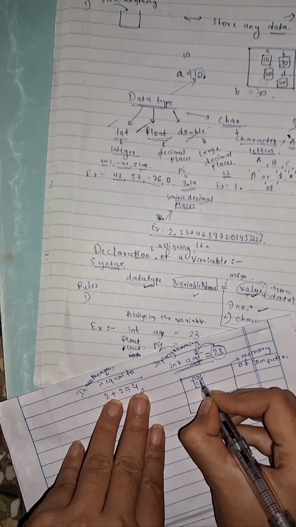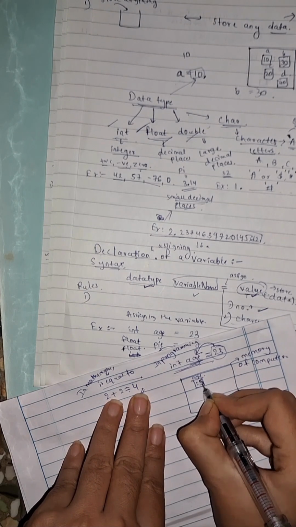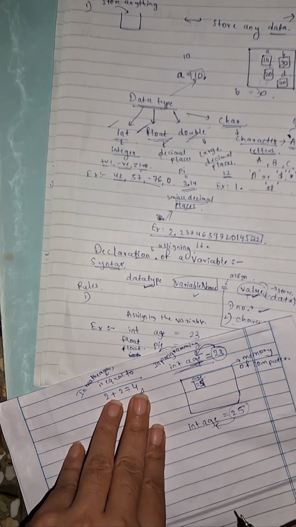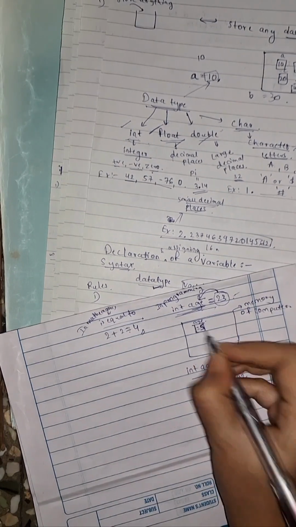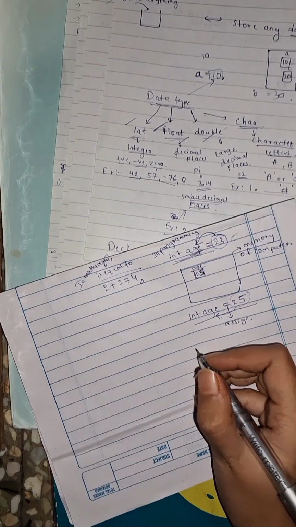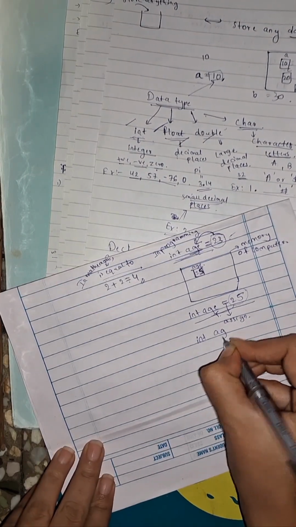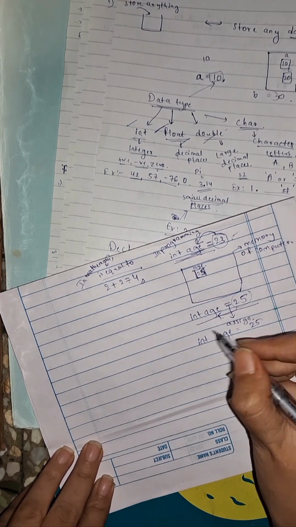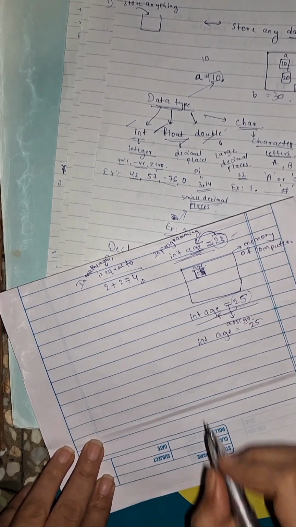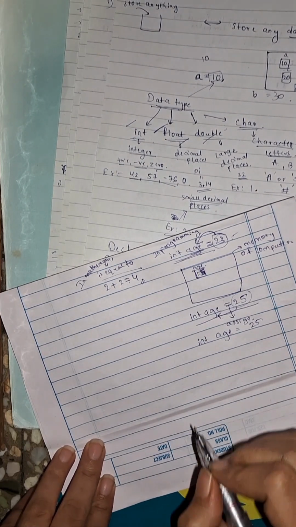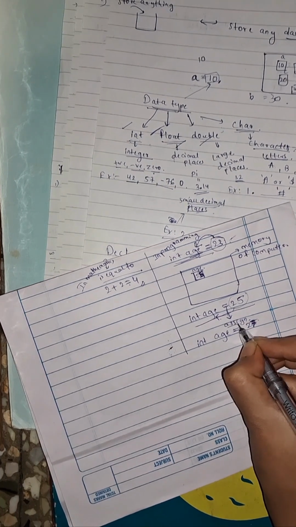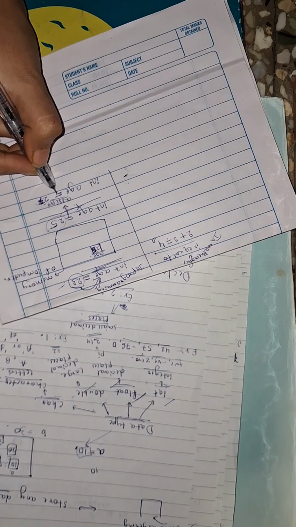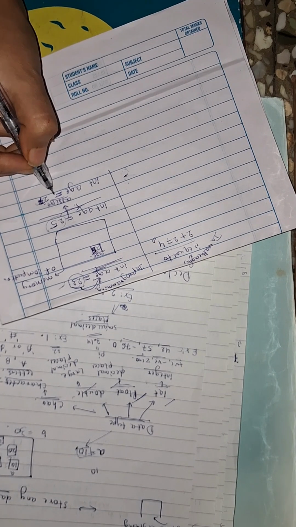This 23 is erased and 25 is now assigned to the age variable. Again, if I write int age is equal to 27, now 25 will be erased and 27 is stored in this age variable. So this is the meaning of assigning a value. Just remember that this symbol in programming means assign, not equal to. Okay.